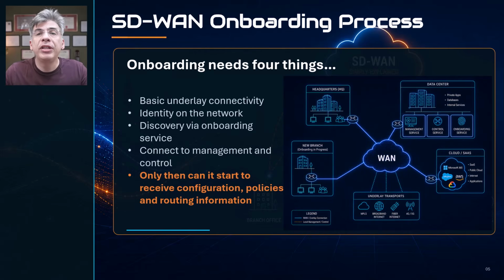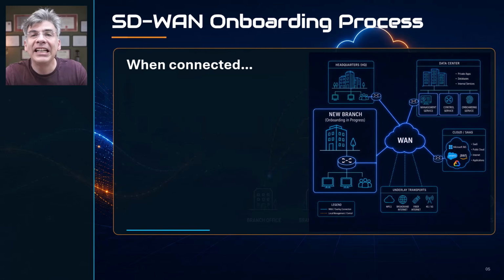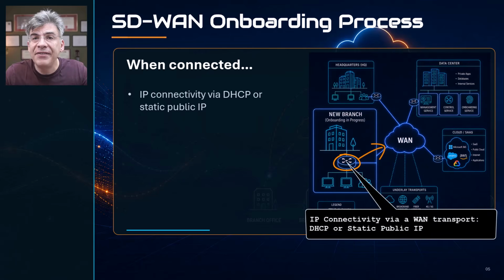Now let's walk through these processes logically and in a little more detail. A new WAN Edge device starts up at the branch. It gets basic IP connectivity to the transport side. It may receive an IP address using DHCP, a static public IP address that has been assigned beforehand, or it may have some minimal bootstrap configuration.